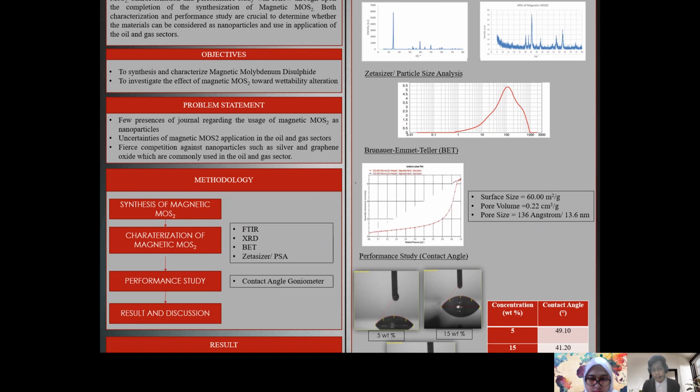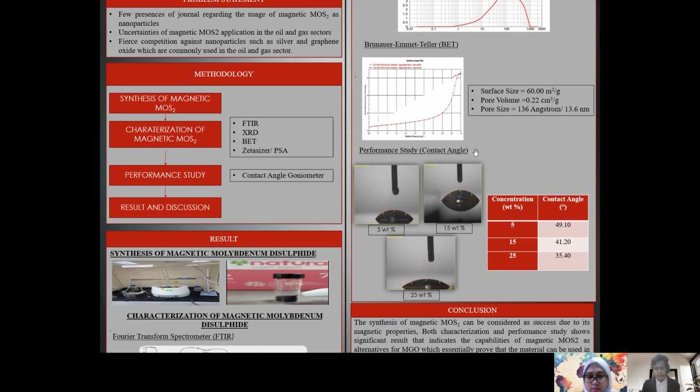As you can see, my sample, magnetic molybdenum sulfide, has a pore size of 136 angstrom, or if we convert it to nanometers, you have 13.6 nanometers. And then we can easily conclude that my magnetic molybdenum sulfide is considered nanoporous and falls under the range of nanoporous size.